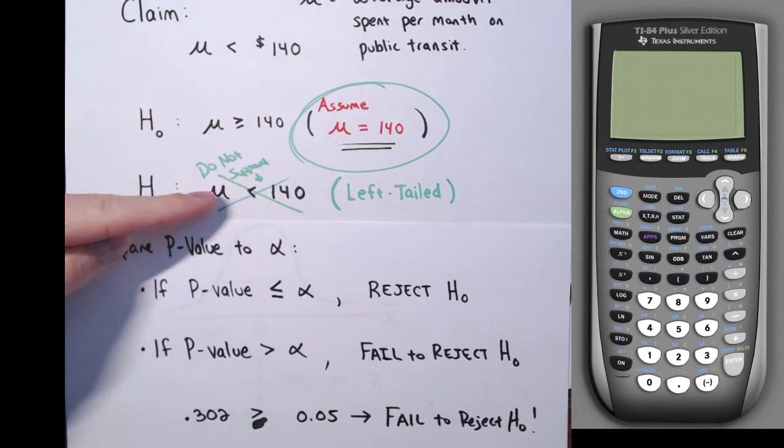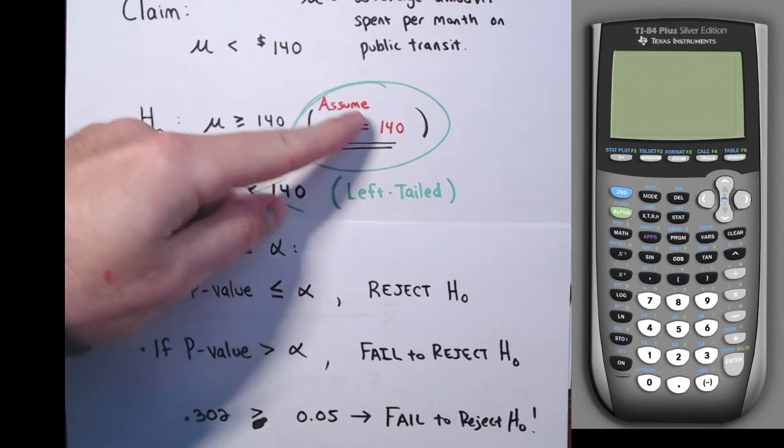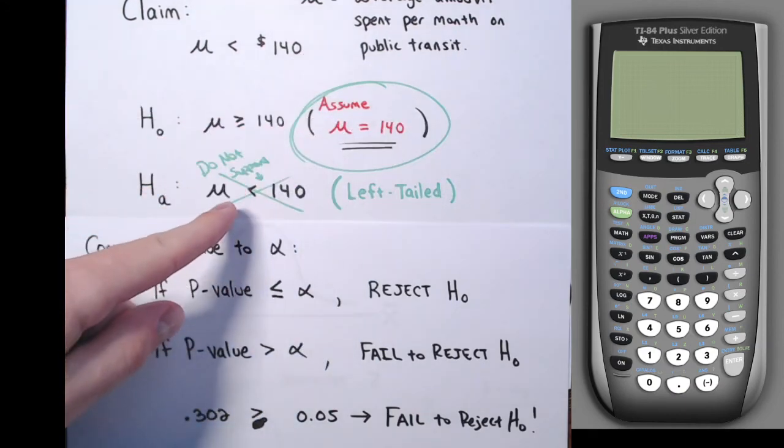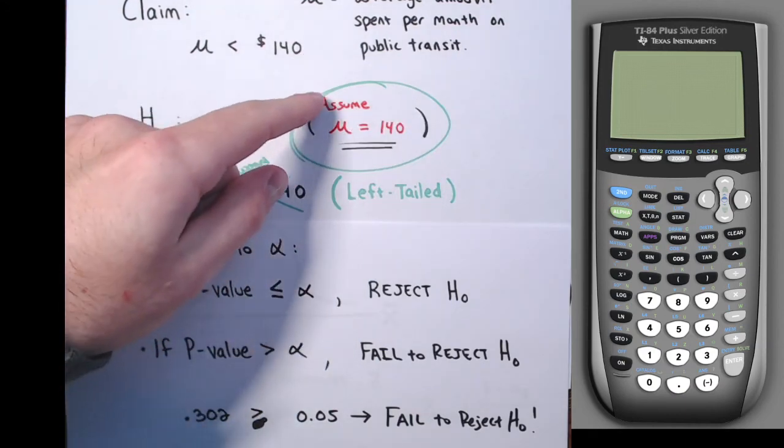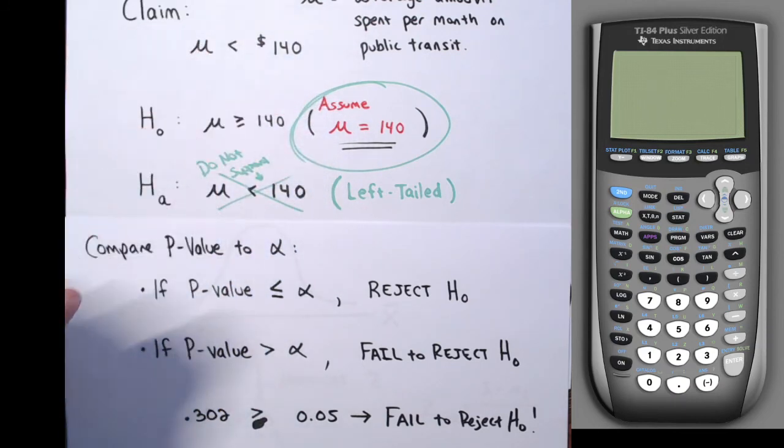So like I said, that means we're not supporting the claim. The claim was in the alternative hypothesis. Now, if we rejected the null, then we'd support the claim. But we didn't reject the null. So we're not supporting the claim. So we would say we don't have enough evidence to support the claim that the mean is less than 140.